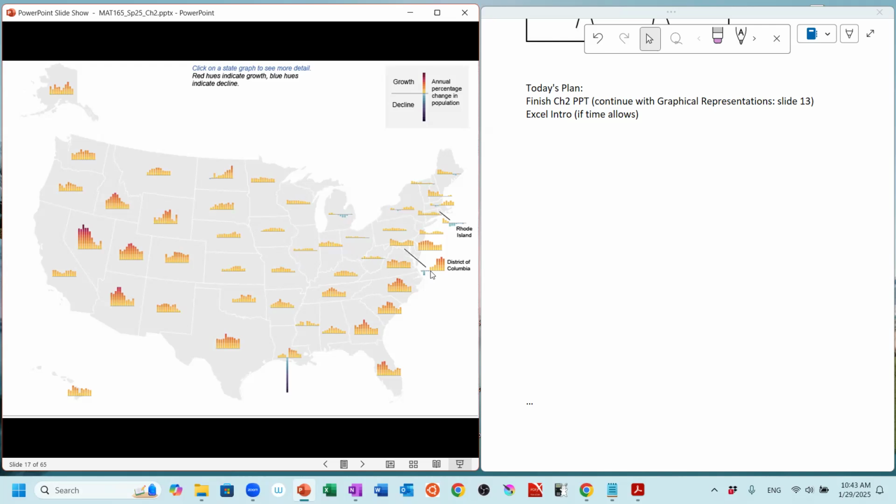We see some places like DC or Rhode Island had a change, where DC was having population losses for a couple years and then some growth, or Rhode Island had some growth for a couple years and then some losses. Looking at somewhere like Michigan, it looked like they had a few years in a row of sustained losses as well. So that might be something else we notice.